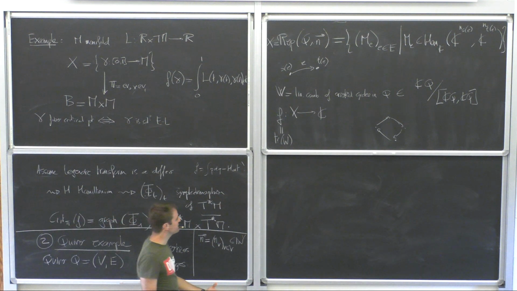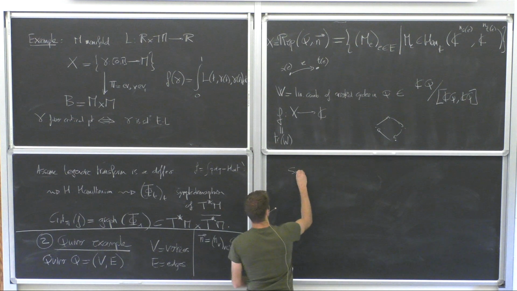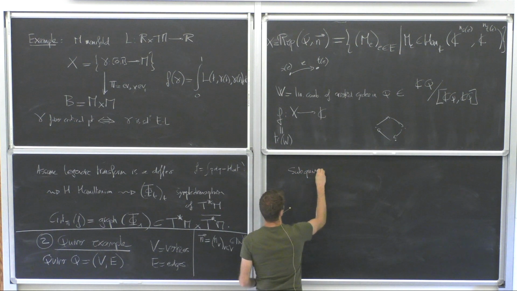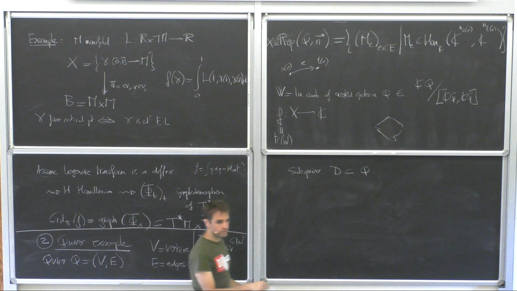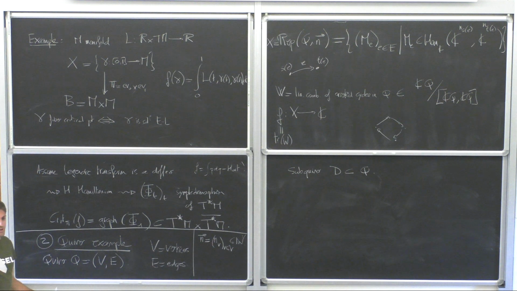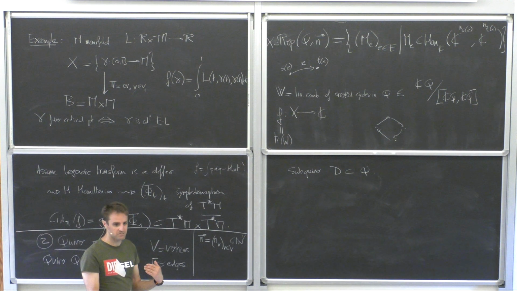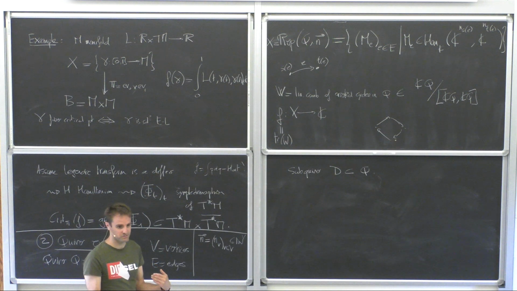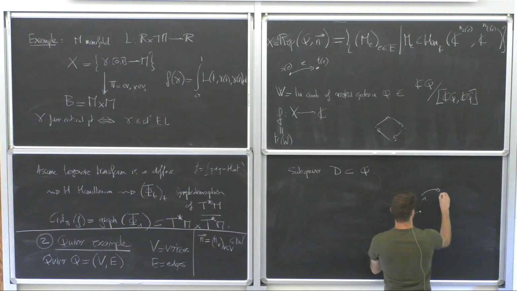So the only thing I can think about is taking a subquiver, right? So I'm fixing a subquiver D inside Q. Subquiver means you have a subset of vertices and a subset of the arrows. You have to choose them wisely so that the endpoints of the arrows of the subset of arrows lie in the subset of vertices, right?